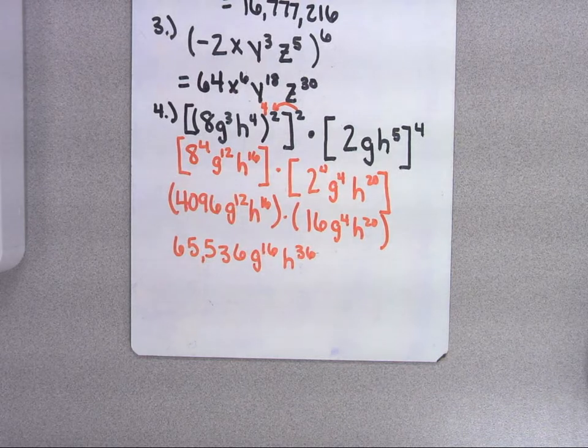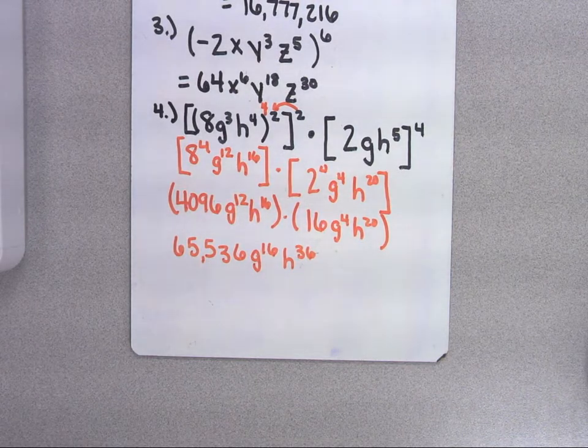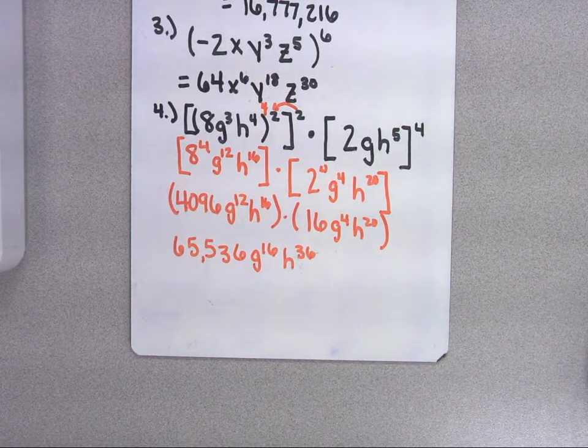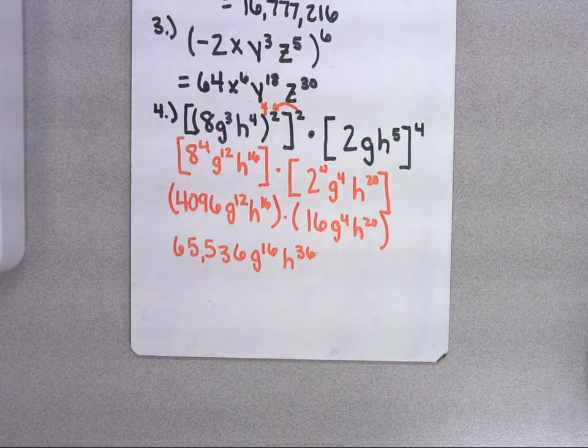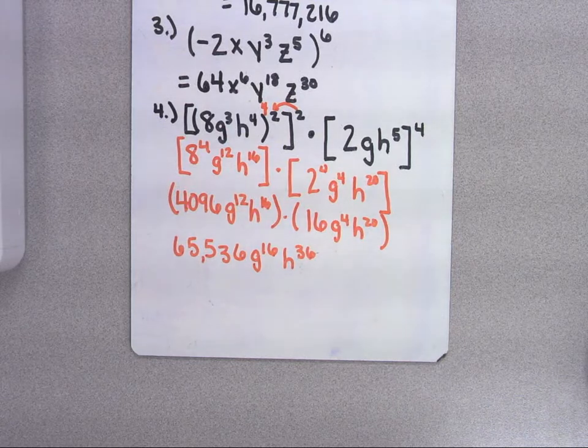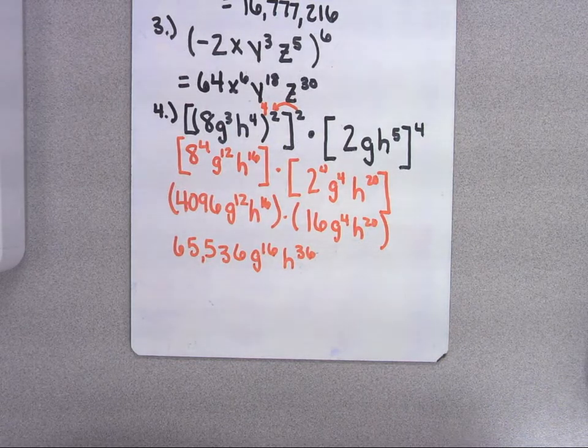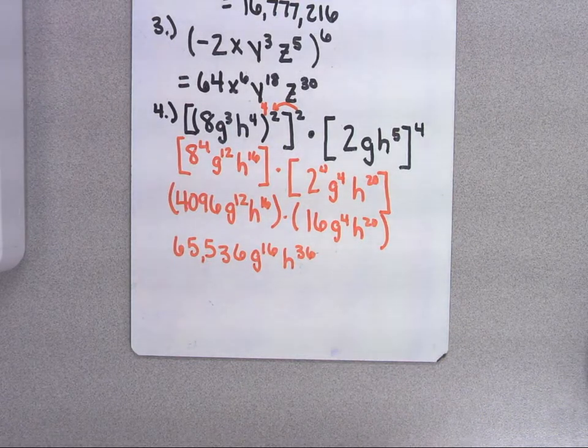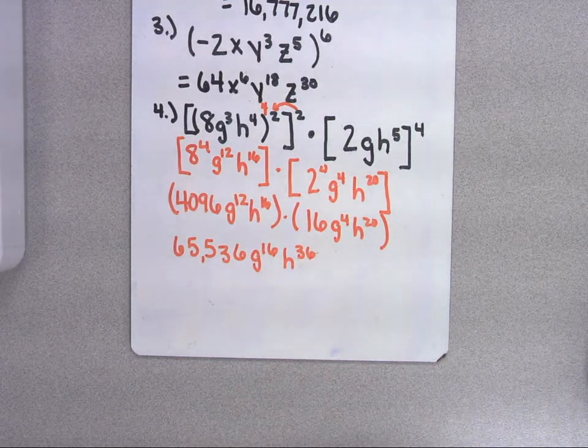I don't know why my 3 is so lower than everything else, but it's there. How did we do?